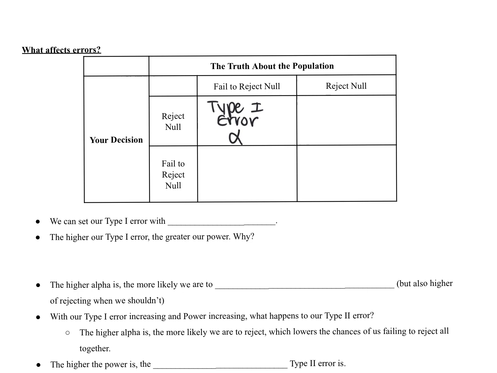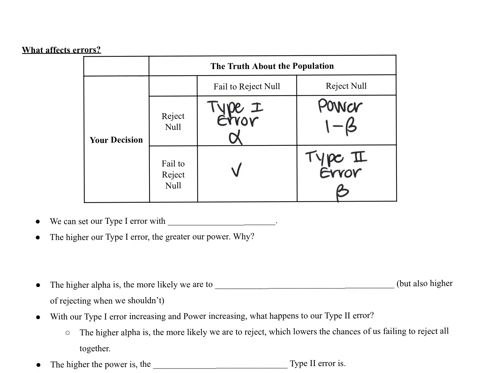When we rejected and we should have rejected, that's our power, which is 1 minus beta. Failing to reject when you should have failed to reject doesn't really have anything. It's just, yay, we did it correctly. And lastly, failing to reject when you should have rejected is our type 2 error, which is denoted by beta.